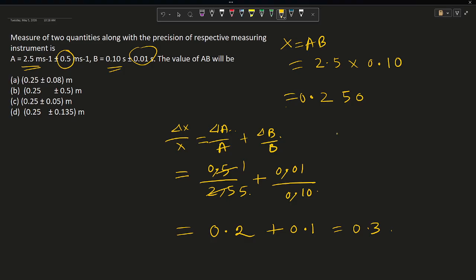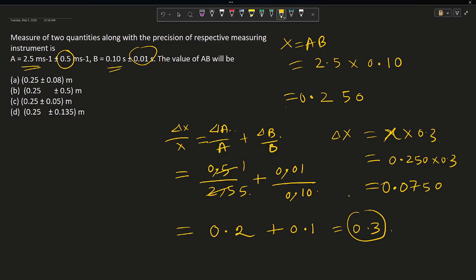Now you have to find delta x, so delta x equals x into this one, 0.3. x is 0.250 into 0.3, so it will be 0.0750. So the actual value will be 0.25 plus or minus the error. The error is this part, 0.0750.